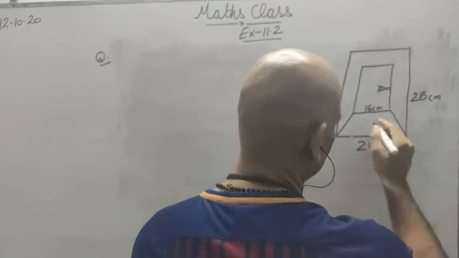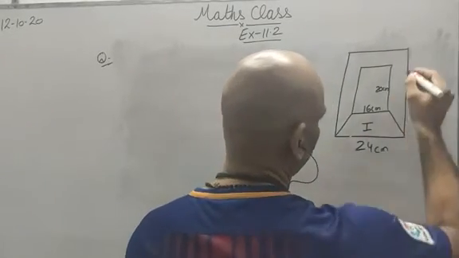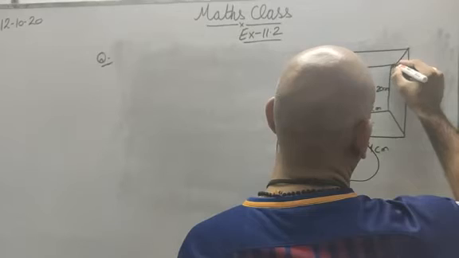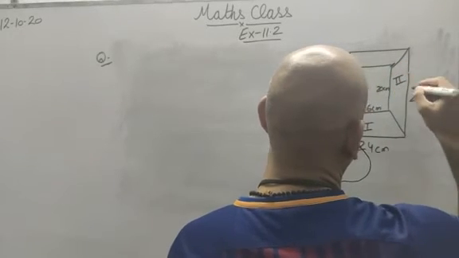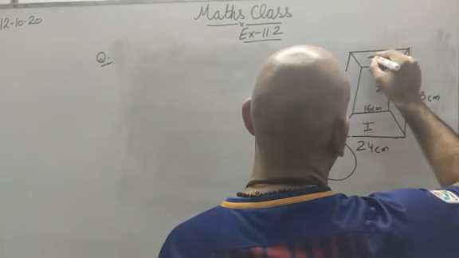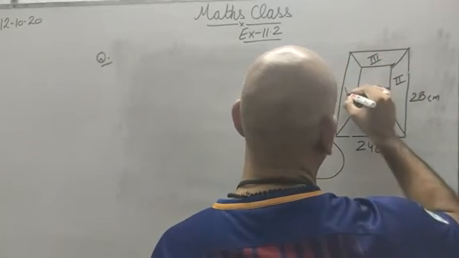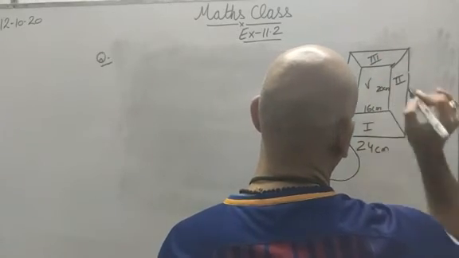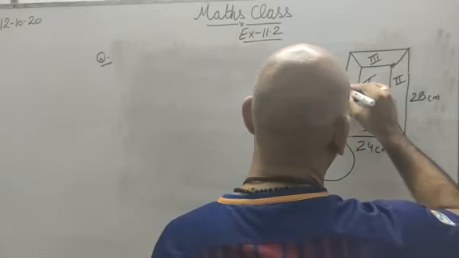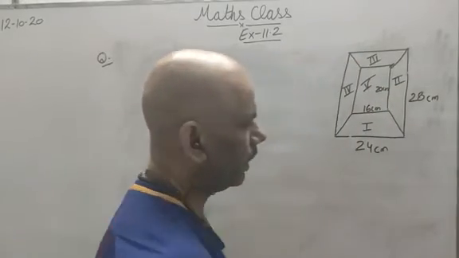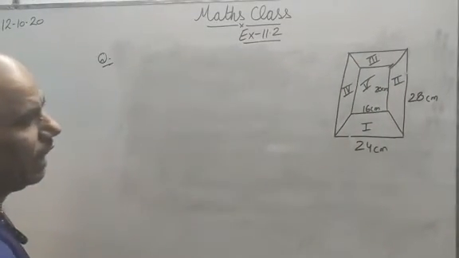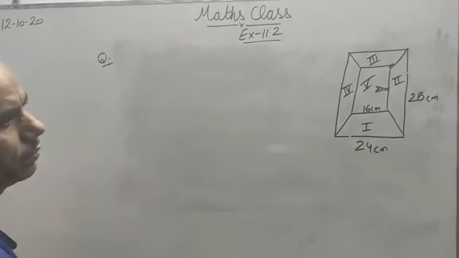So what is this? This is a trapezium. What is this? This is also a trapezium. This is also a trapezium. This is also a trapezium. And the figure number 5 is a rectangle. So first is a trapezium and third is also a similar trapezium.